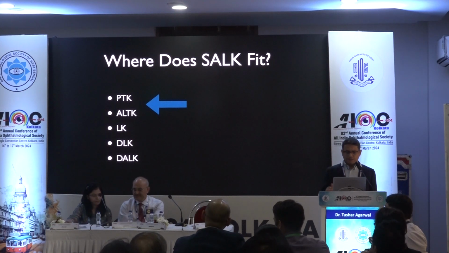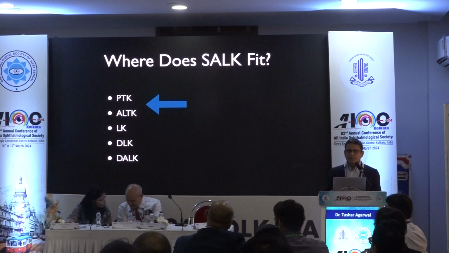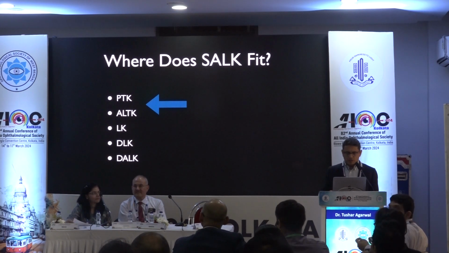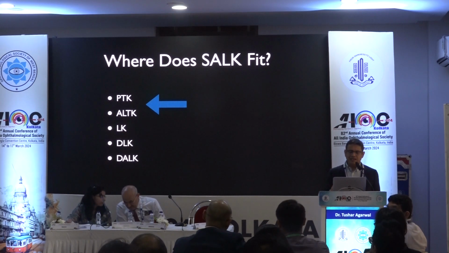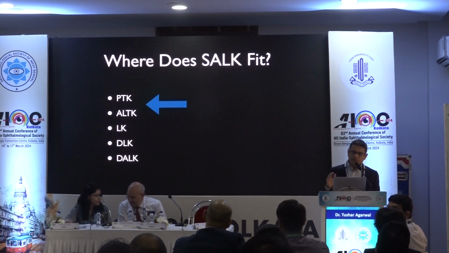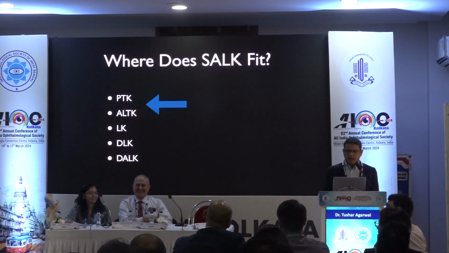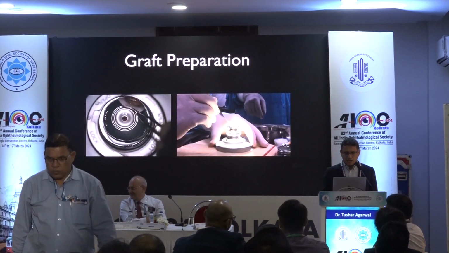So depending on the depth, you could do an ALTK, LK, deep lamellar keratoplasty, and then finally DALK, where you just leave the stroma and the endothelium. So SALC fits somewhere in between PTK and ALTK, where PTK would be too less to remove the opacity and ALTK would be an overkill.